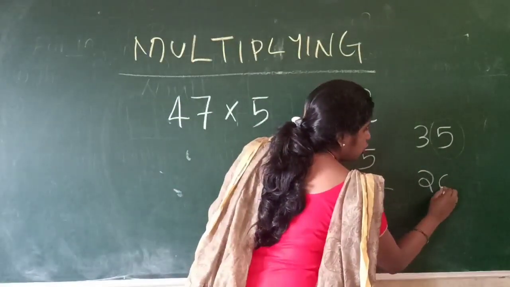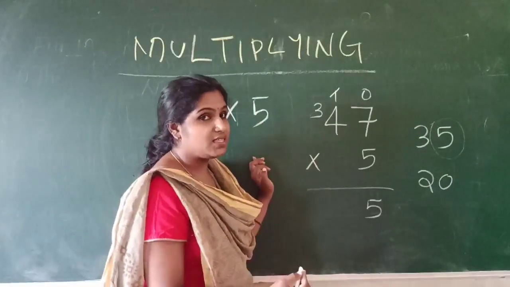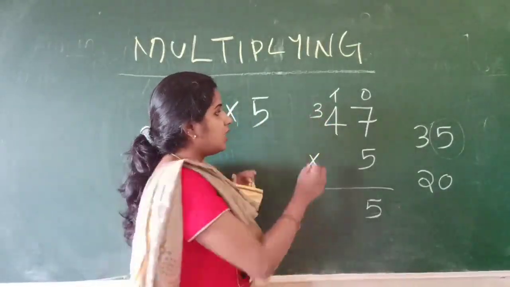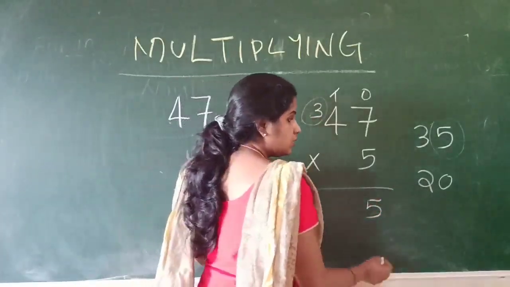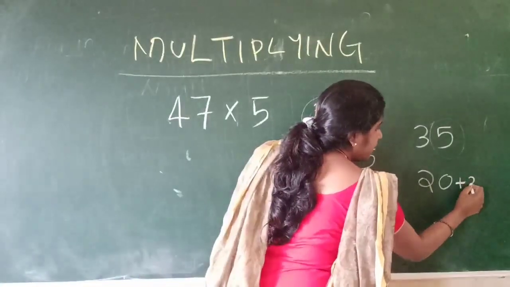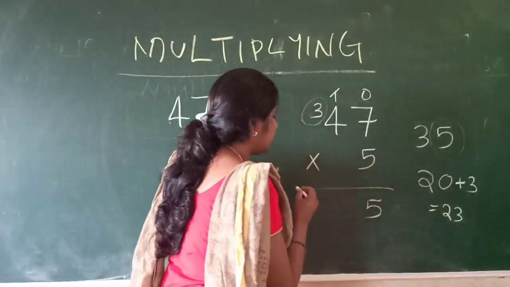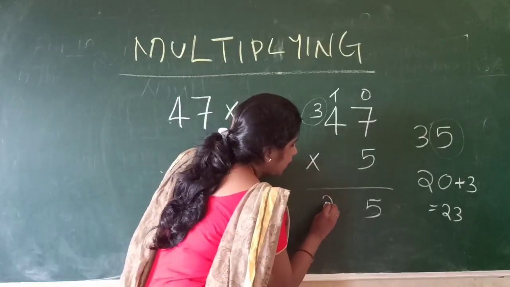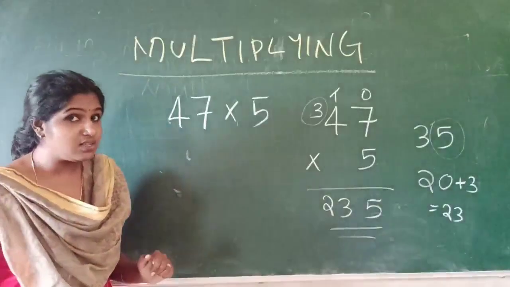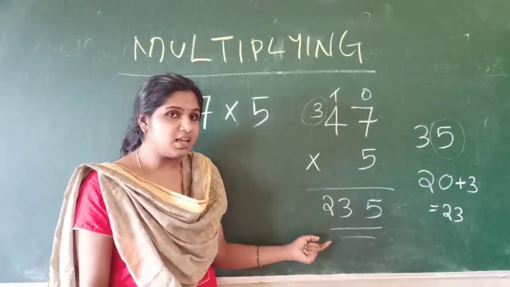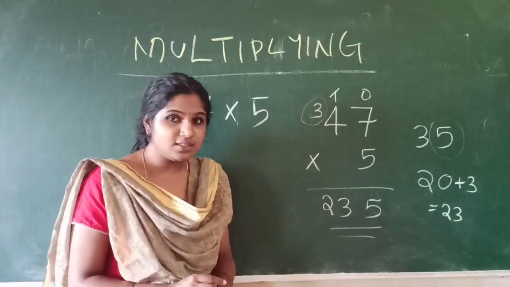I write 20 here. Now we will add this remaining 3 with this 20. 20 plus 3 gives the answer 235.